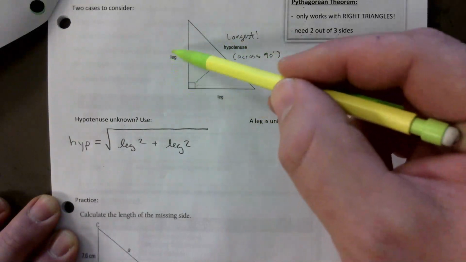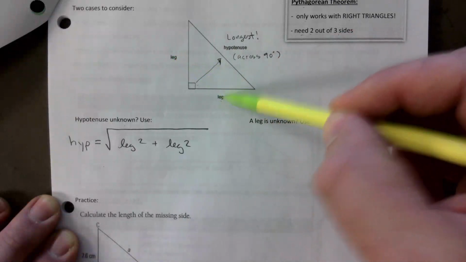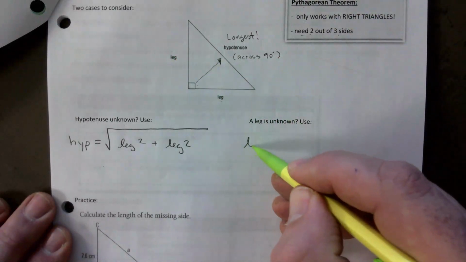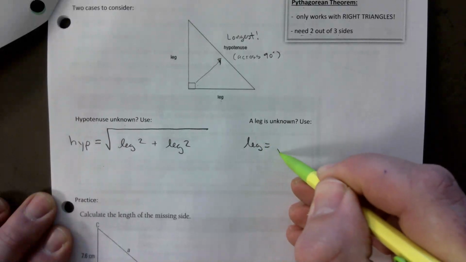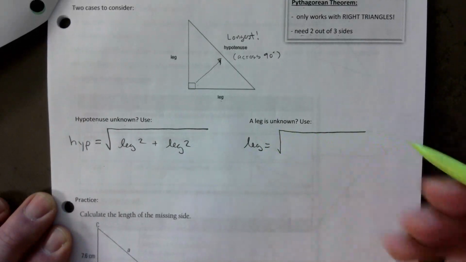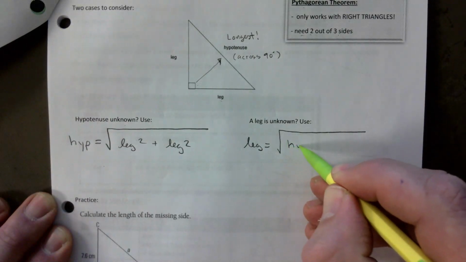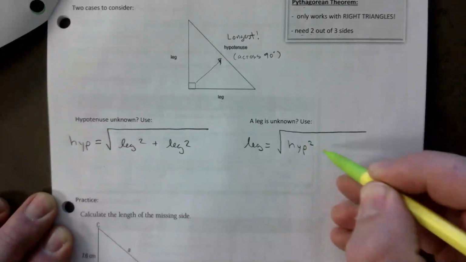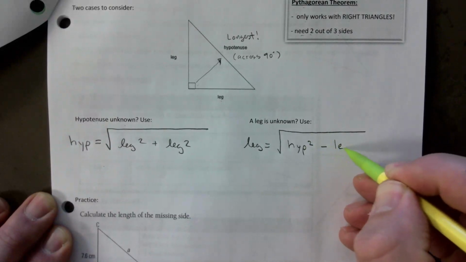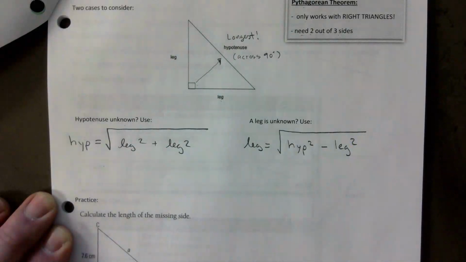If a leg is unknown, if out of the 3 sides you're missing one of these legs, then this is how you find it. Leg is equal to the square root of, and here the order matters. You have to take your hypotenuse squared, subtract the leg that is known, but make sure you square it and subtract it, and then take the square root, and boom, you got it.